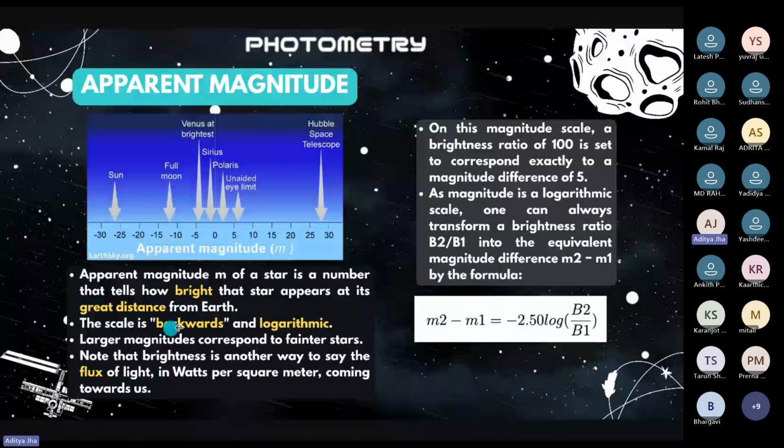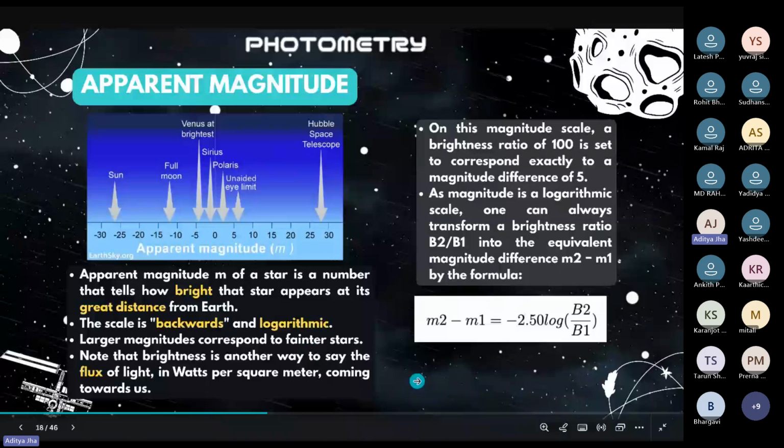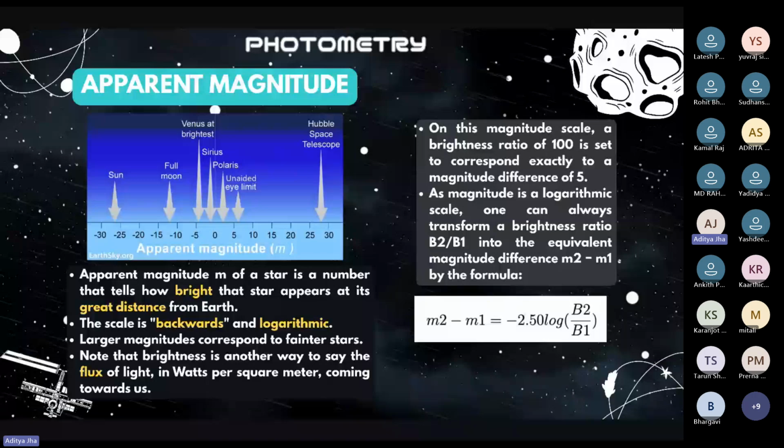And this scale is basically backwards and logarithmic. If a star has a higher apparent magnitude, then it will be fainter. In that way, it's backwards, right? So larger magnitudes correspond to fainter stars, and brightness is another way to say the flux of light in watts per square meter coming towards us.